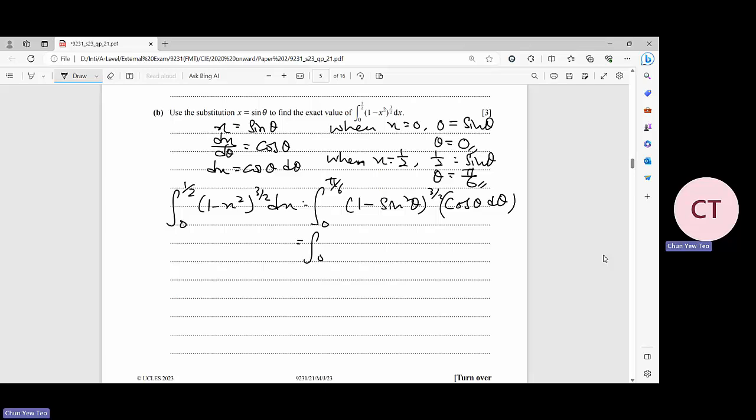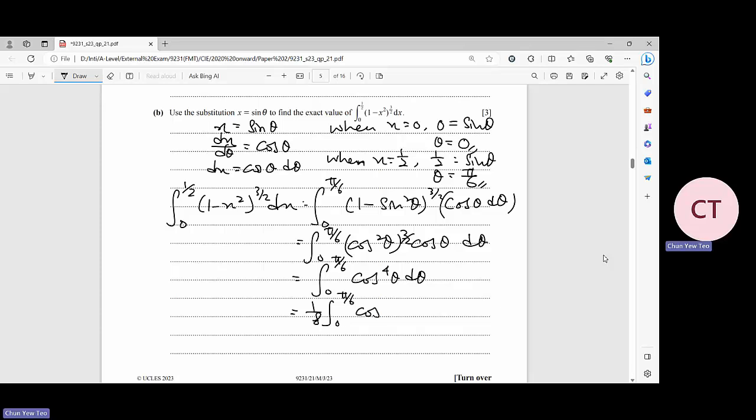So simplify them together. This is cos squared theta to the power 3 over 2, and this is the cos theta d theta. Then the whole thing here can become cos to the power 4 theta.